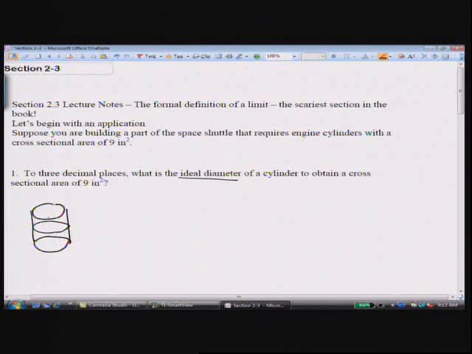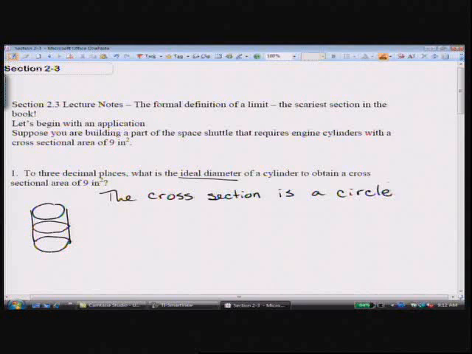Okay, so the cross-section is a circle. All right, and we want to force that cross-sectional area to be 9 inches squared, right?